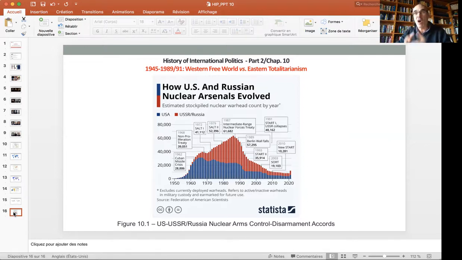The participating states were all the then European states, both East and West, plus the US and Canada.